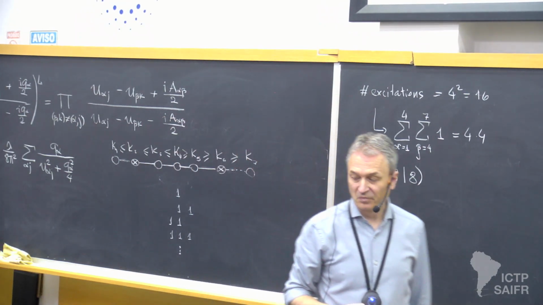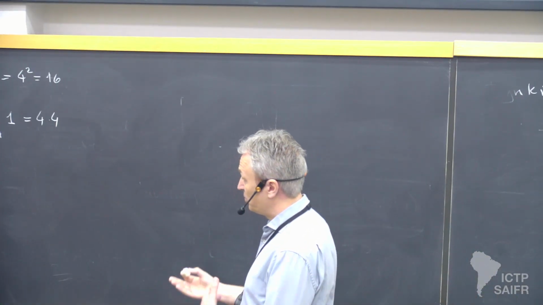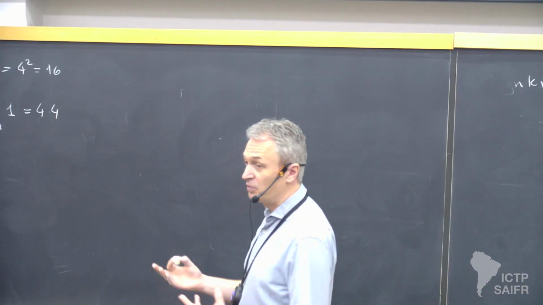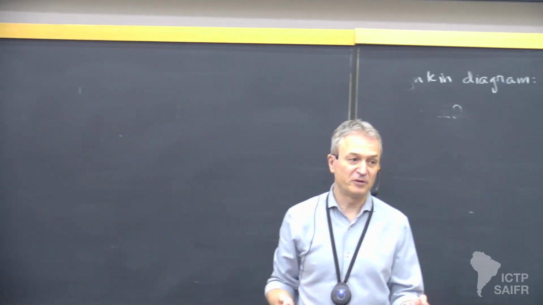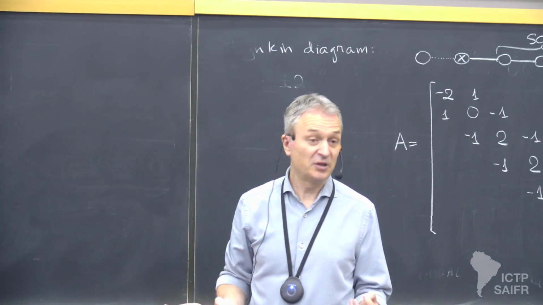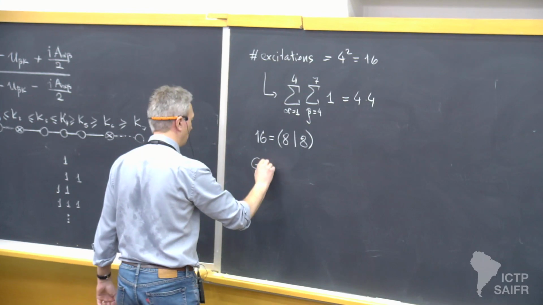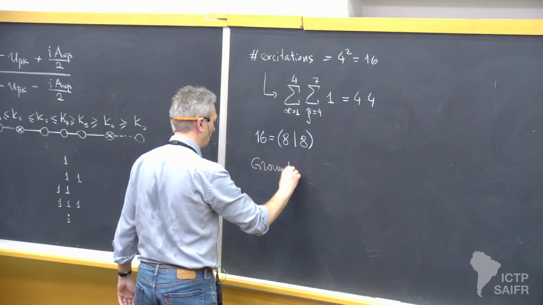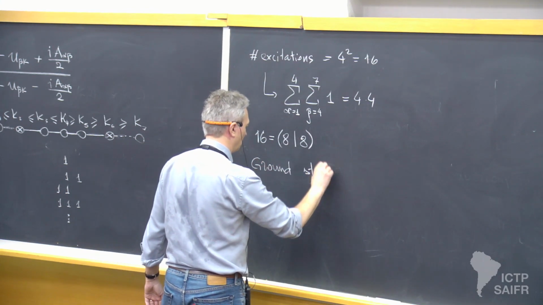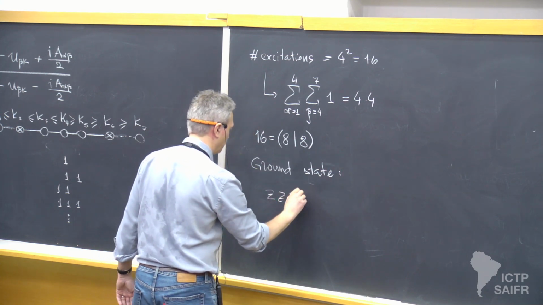So what do these modes correspond to? Well, they correspond to insertions of some elementary fields inside the spin chain. So we start from the ground state, which is a chain of Z fields.